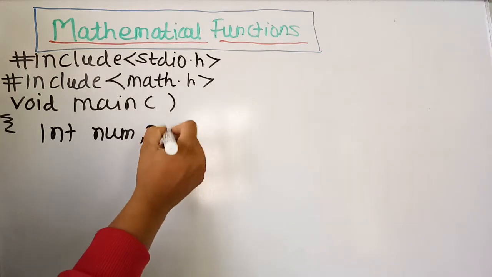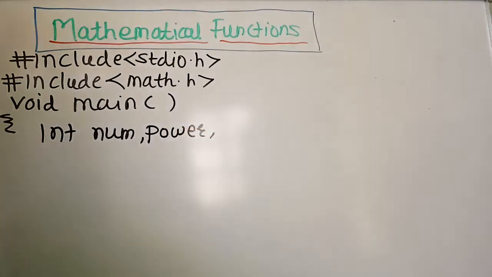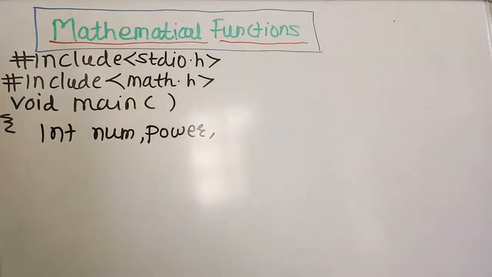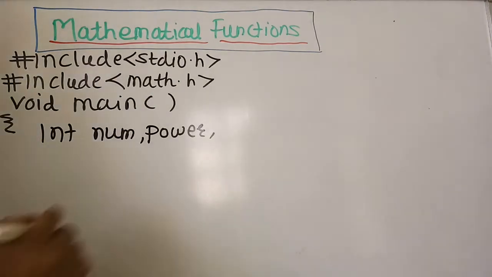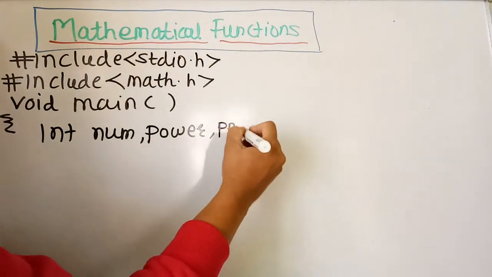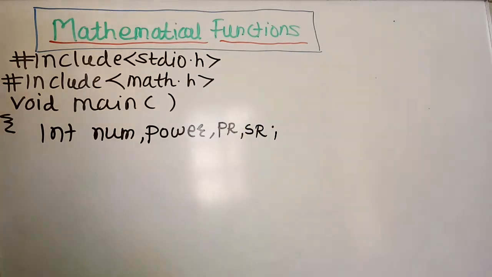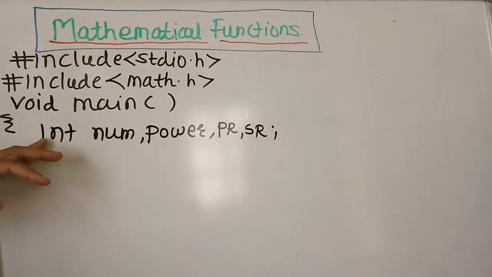So for accepting a power, we will declare one variable, power. Then to store the actual power and square root, we will take two variables, power result and square root result, and then apply the semicolon.